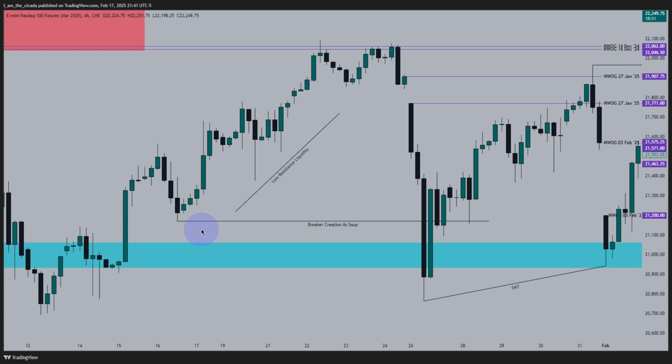The way that we see how we react off of the fair value gap is obviously through waiting, but also this can be confirmed through lower time frame conditions. As you can see, as price runs below this breaker, we would not want to see a gap that was just inversed get reclaimed.